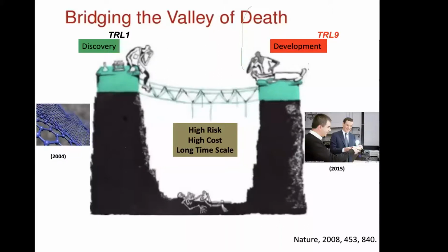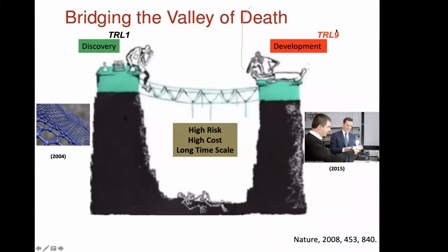The problem here is that there is something called the valley of death. What we define in the lab is at technology readiness level, say, one. Once we discover something in the lab, to make it available to the common man for large scale technological development, you need to cross a bridge which is time consuming, high cost, and also high risk.